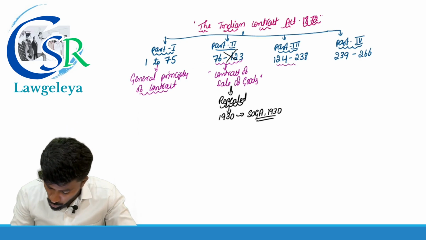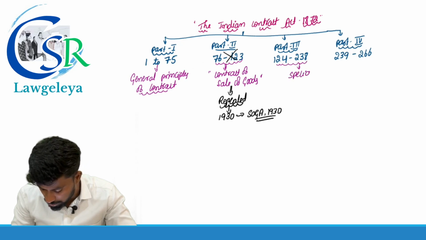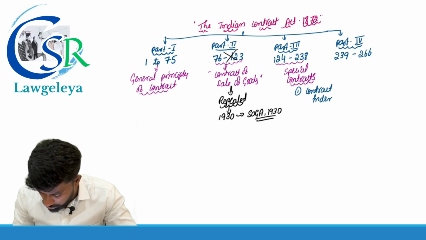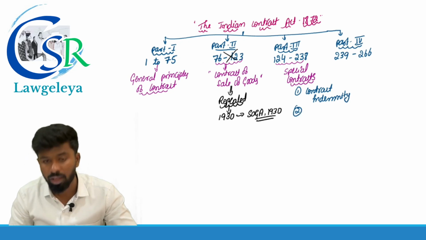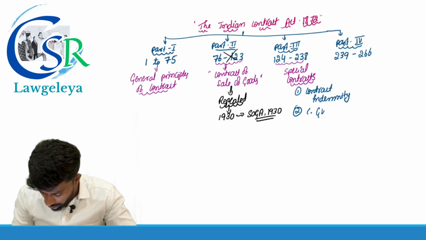Then section number 124 to 238 deals with special contracts. What are the special contracts we have, sir? The first one is contract of indemnity, sections 124 and 125. Second, contract of guarantee or surety.